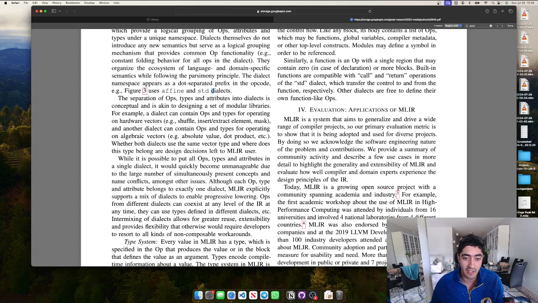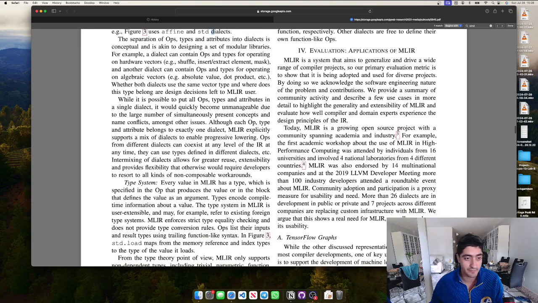Example: absolute value, dot product, etc. Whether both dialects use the same vector type and where this type belongs are design decisions left to the MLIR user. While it is possible to put all operations, types, and attributes in a single dialect, it would quickly become unmanageable due to the large number of simultaneously present concepts and name conflicts, among other issues.